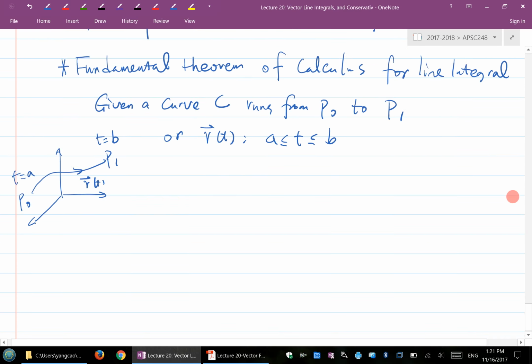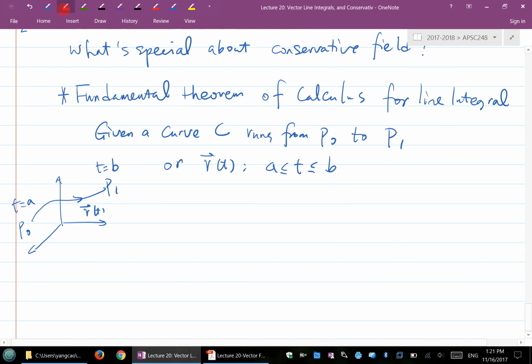Okay. And now imagine you have a field around this curve C, spread in the 3D space. And this field F is a very special field.